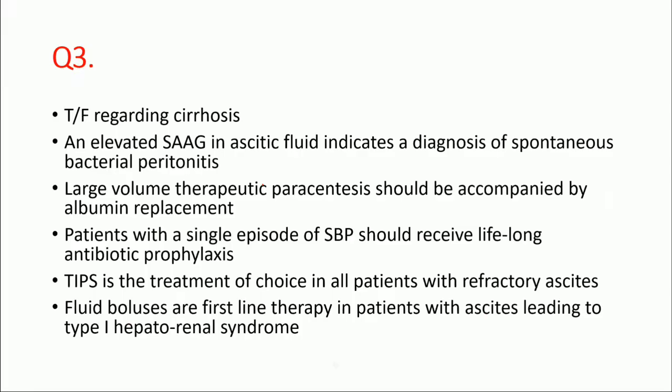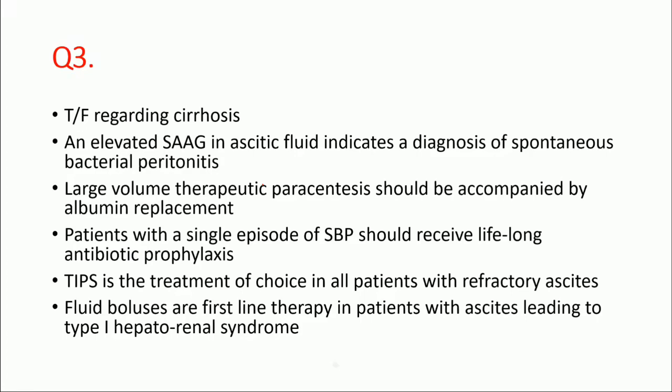Okay, now this MCQ is mostly on ascites in patients with cirrhosis, right? So in patients with cirrhosis, they get ascites, and the ascites is driven by portal hypertension, right? And also this active renin-angiotensin-aldosterone axis.